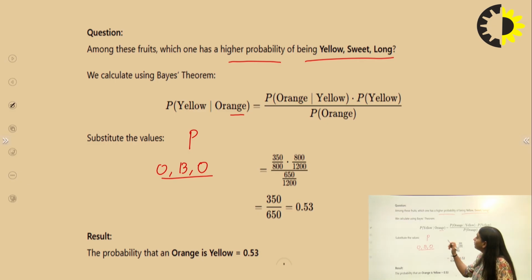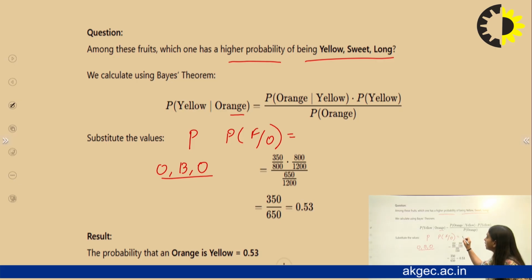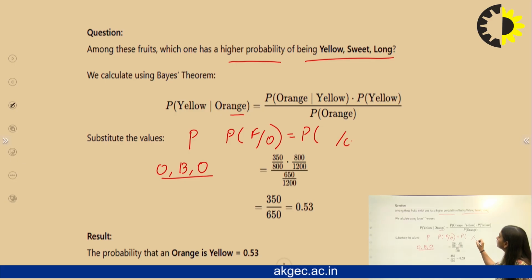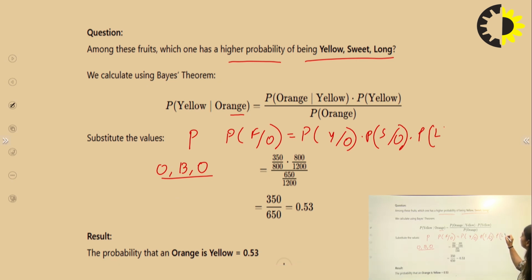So we apply the Bayes theorem. If the fruit is orange, how will you expand this? What is the probability that it will be yellow, then sweet, multiplied by long, given orange.